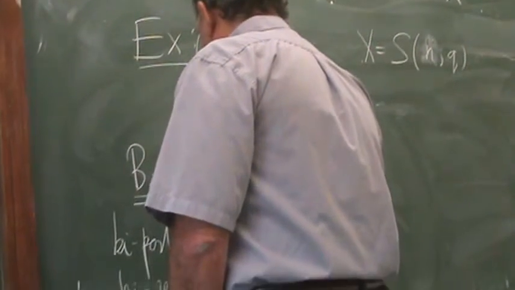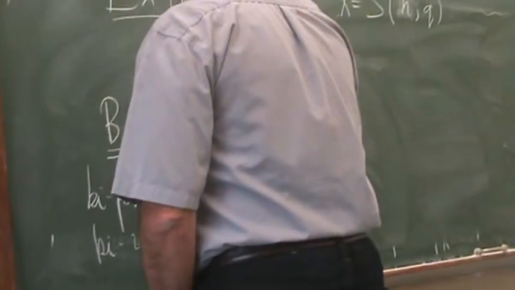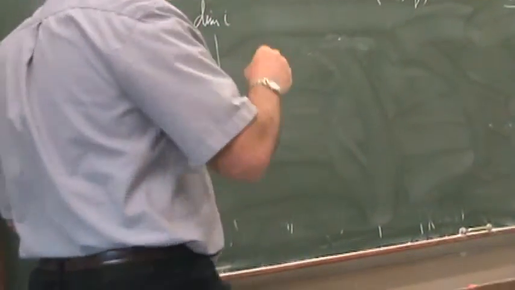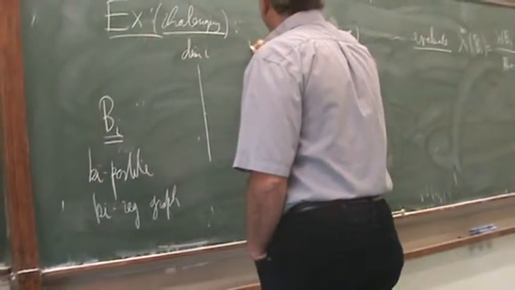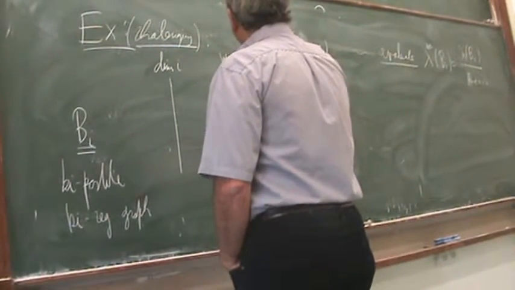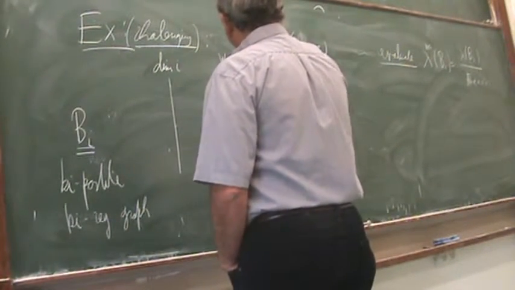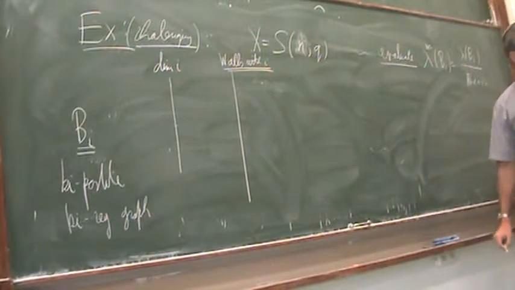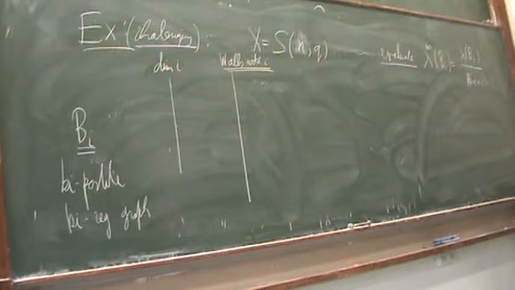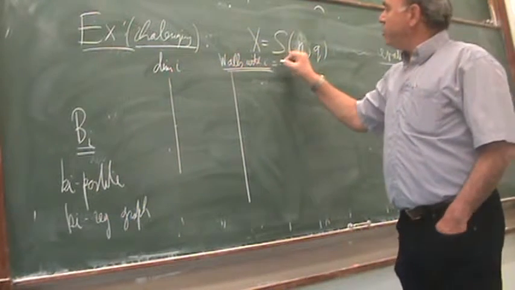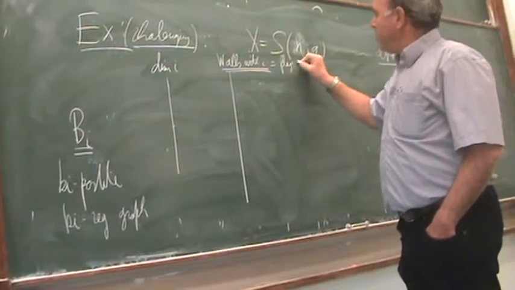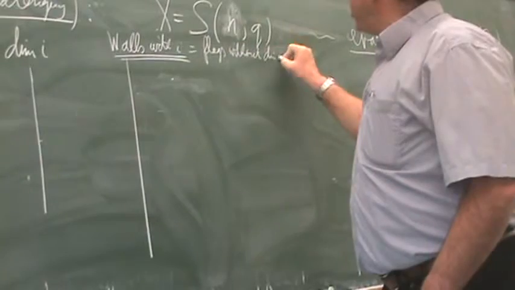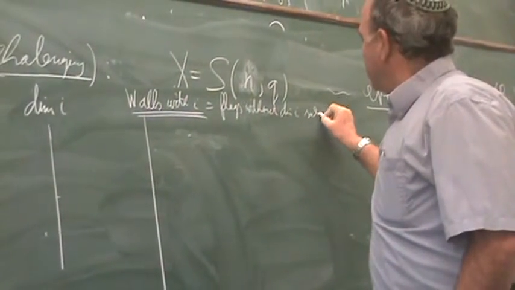On one side, you remember we have the spaces of dimension i, but on the other side we are going to have all the walls without i, which means flags without dimension i subspaces.